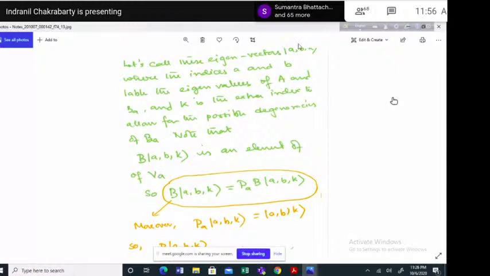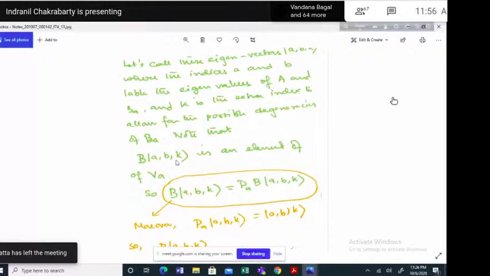We call this orthogonal set of eigenvectors |a,b,k>, where the index a labels the eigenvalues of A, small b labels the eigenvalues of BA, and k is the index to denote the degeneracies. So B|a,b,k> is an element of the eigenspace VA.